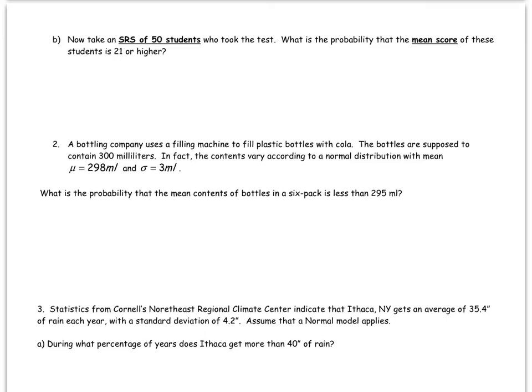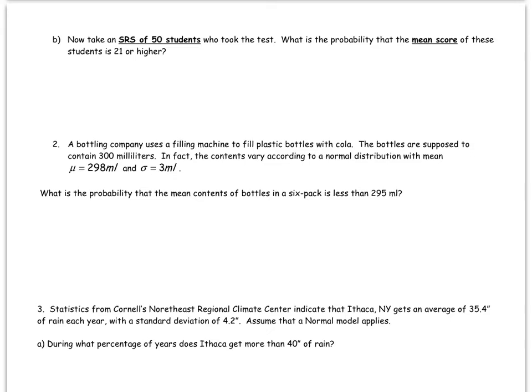So if I'm going to take 50 kids at random, the chances that the mean of those 50 kids is 21 or higher are probably going to be pretty small, because there's only a 34% chance that I pick one kid who scored 21 or higher. So for those 50 kids to have an average that's 21 or higher, that's probably going to be pretty low.